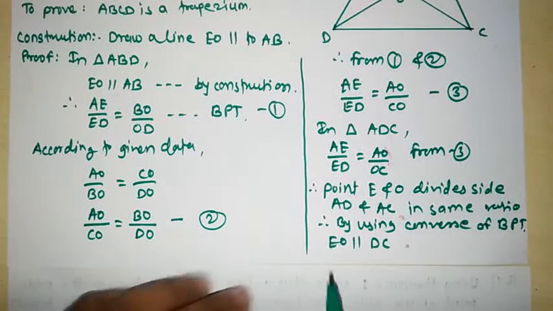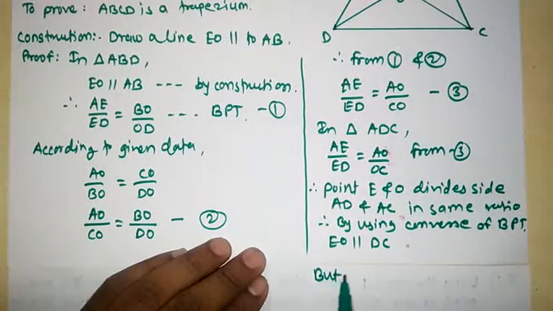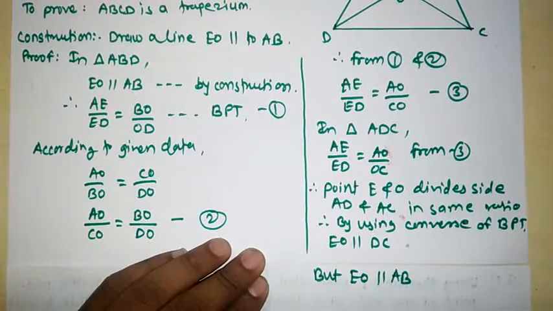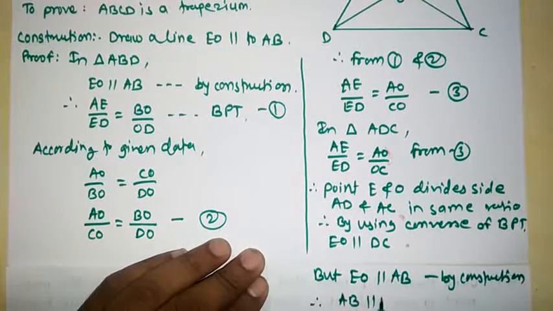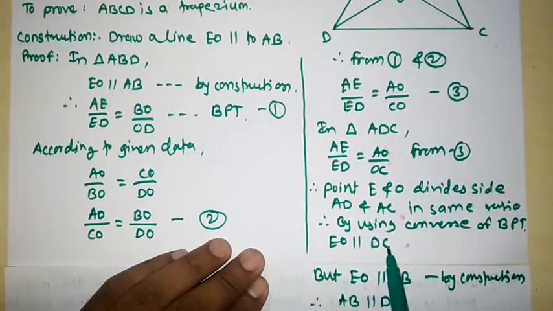But by construction we have drawn EO parallel to AB. Therefore, because EO is parallel to DC and EO is also parallel to AB, we can say that AB is parallel to DC. Hence proved.